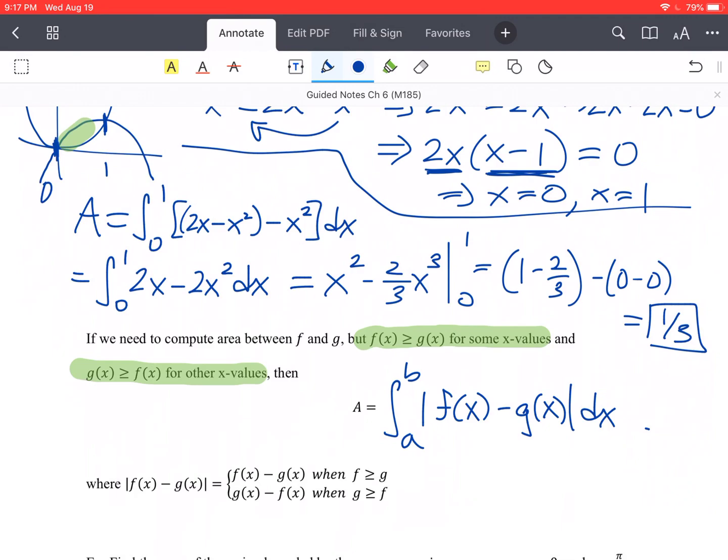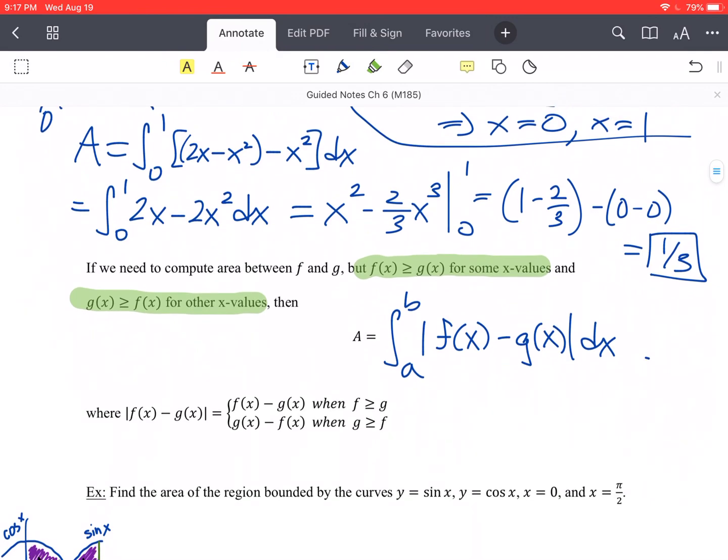And why do we need to use the absolute value? Well, because we need to make sure that we are accounting for these areas appropriately and we're not getting opposites. Let me go ahead and just go to the next example. This will be a good one.